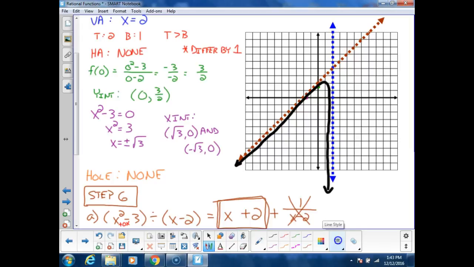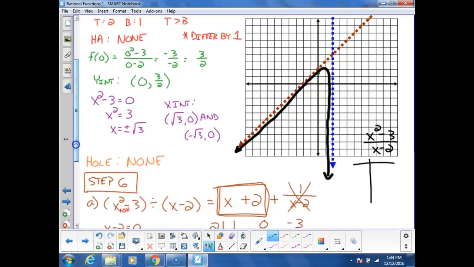Now I got to go on to this side, and I got to find, remember it was x squared minus 3 over x minus 2, and I got to find 3 points over on this side. So let's go with 3, 4, and 6. If I put 3 into my function, I get 6 over 1. If I put 4 into my function, I get 13 over 2.